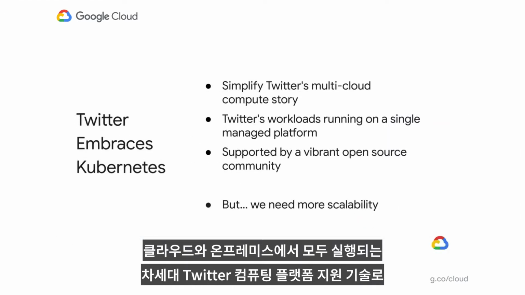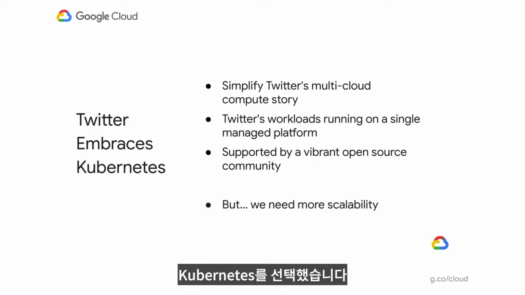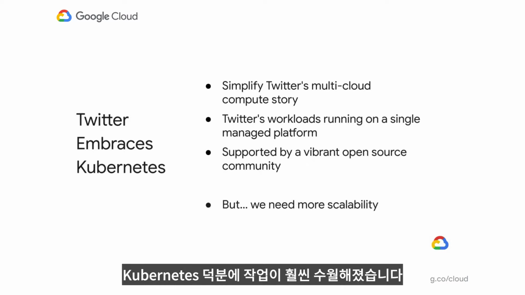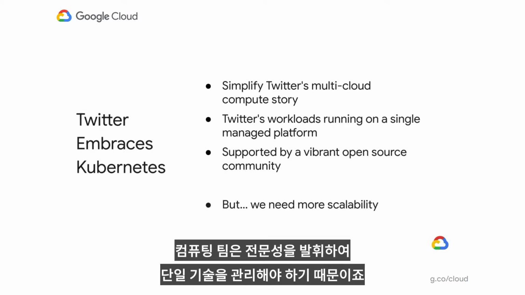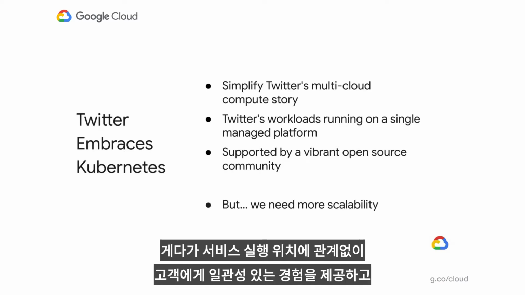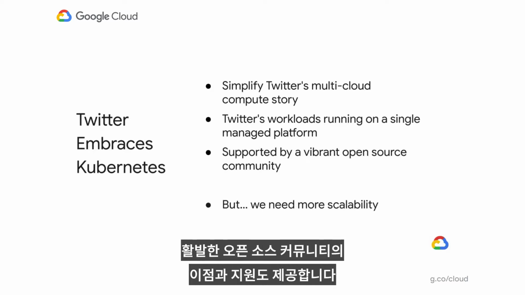as the technology that would power the next generation Twitter compute platform, both in cloud and on-premise. This simplifies our job since the compute team needs to be expert in and manage a single technology, and provides a unified experience to our customers regardless of where their services are running. It also gives us the benefit and support of a vibrant open source community.